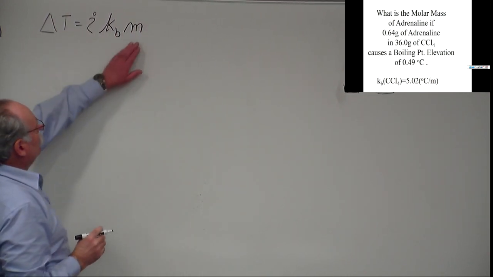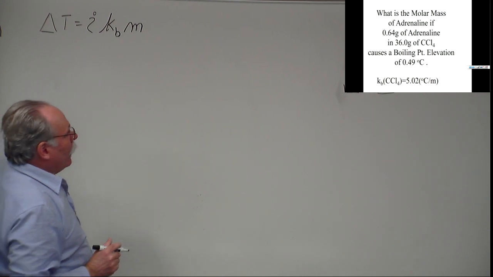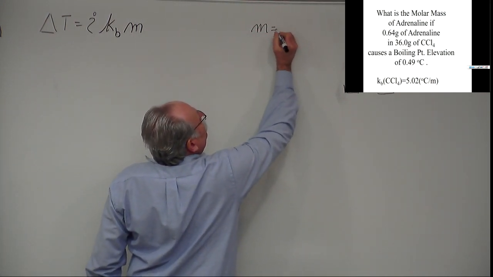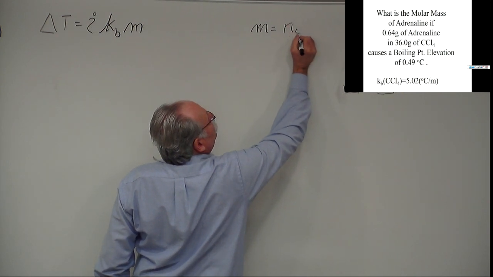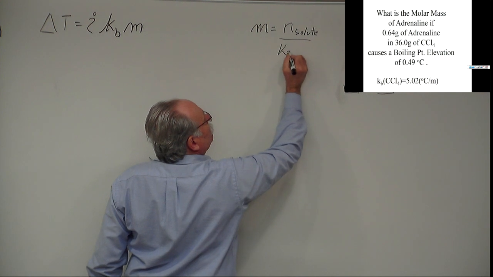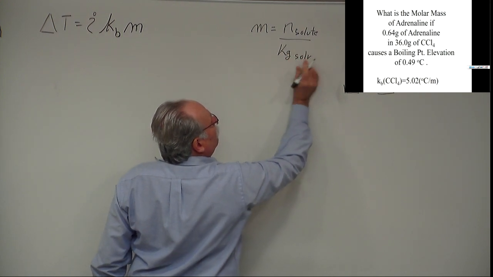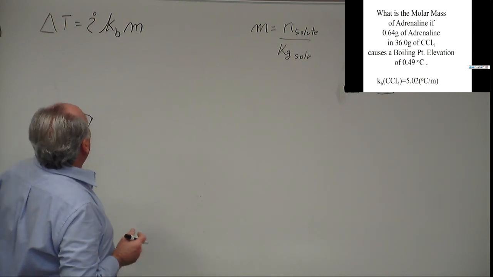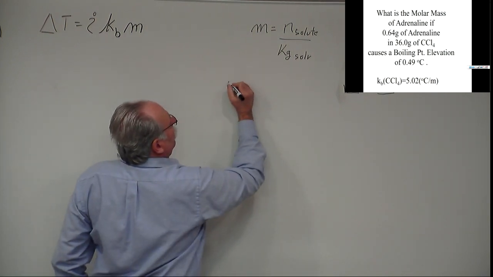Okay, and I'm going to use 3 loops for molality. Molality is the moles solute, and we're going to use n for moles, per kilogram solvent. And we're writing the mass as kilogram because it must be in the units of kilogram. And Kb, let's take a quick look at that.